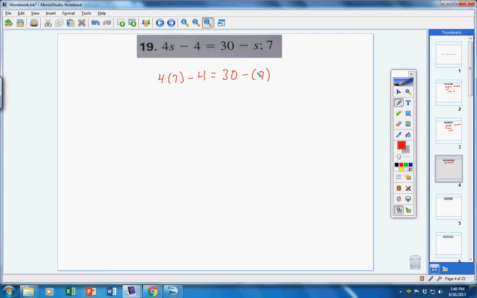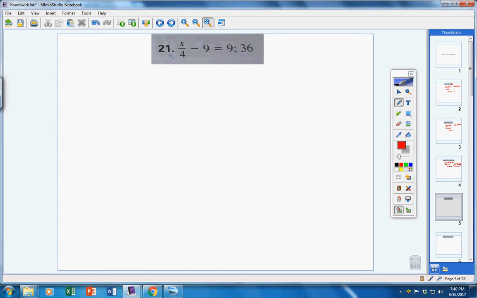Alright, here we go. 4 times 7 is 28. 28 minus 4 is 24. 30 minus 7 is 23. 24 does not equal 23, so no, 7 is not a solution. Okay? Not a solution.